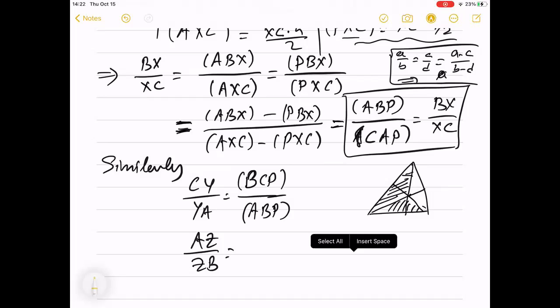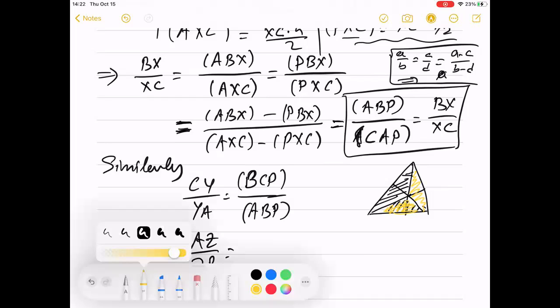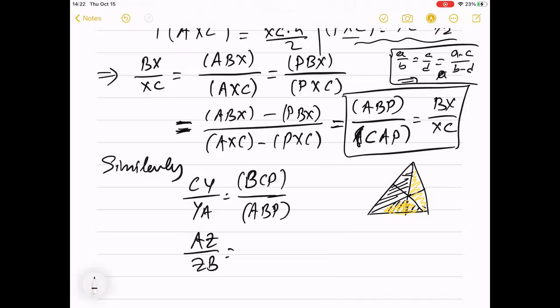It will be the area of this part over the area of that part, which is CAP over the area of BCP.